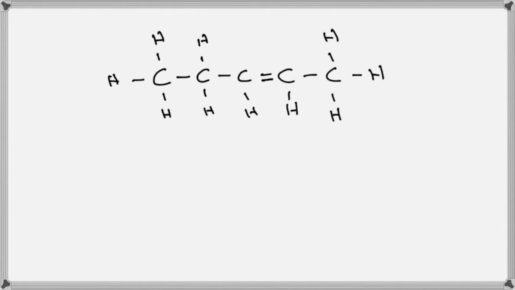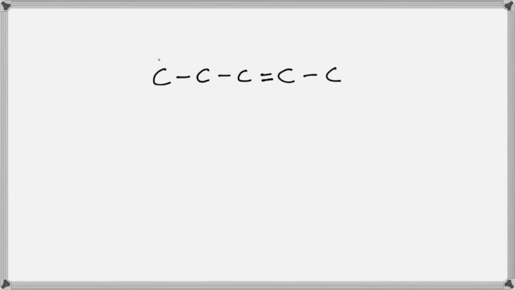We can go ahead and erase the hydrogens for this compound to just focus on the important part, that is the carbon chain. So we can go ahead and start numbering it from left to right, and also we can number it from right to left. 1, 2, 3, 4, 5.